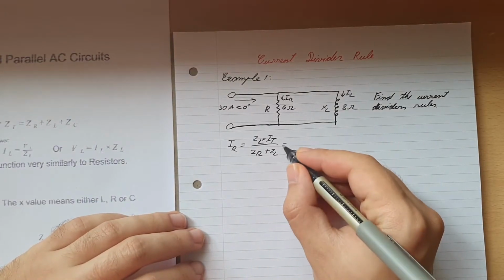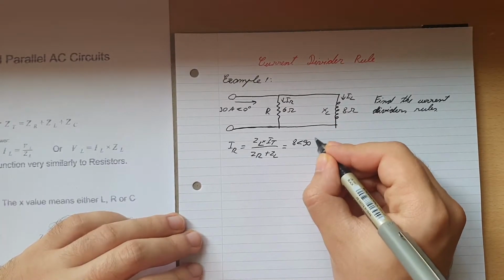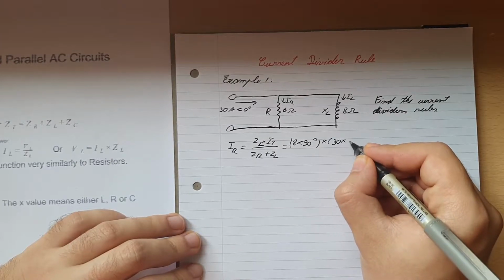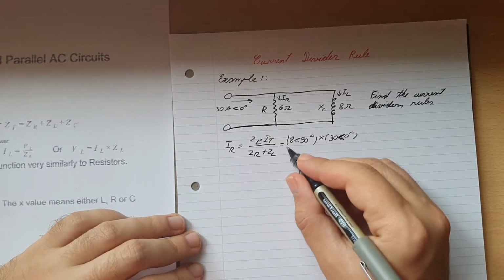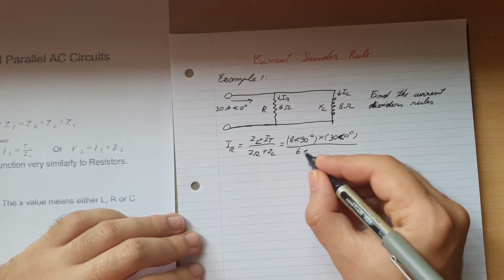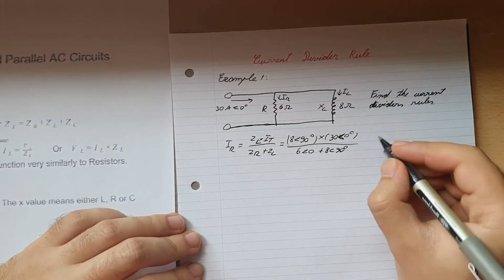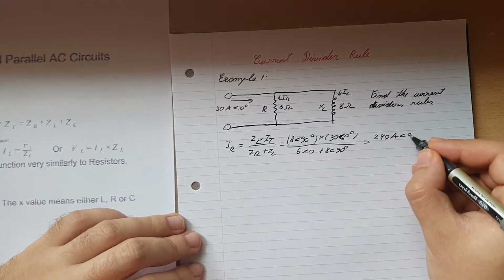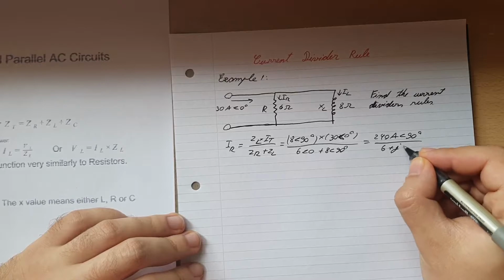So when we calculate, we can do it like this. It will be 8 at an angle of 90 degrees multiplied by 30 at an angle of 0 degrees, all divided over 6 plus 8 at an angle of 90 degrees. So this will be equal to 240 amps at an angle of 90 degrees over 6 plus j8.